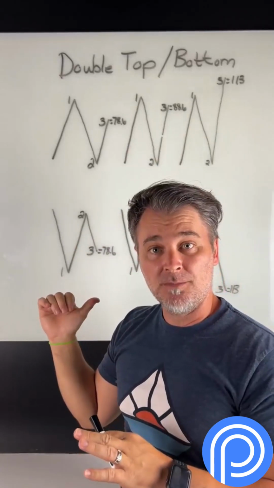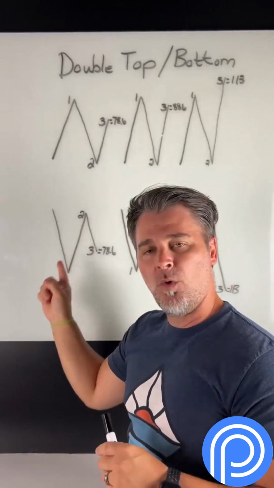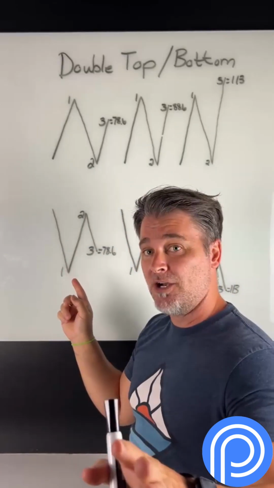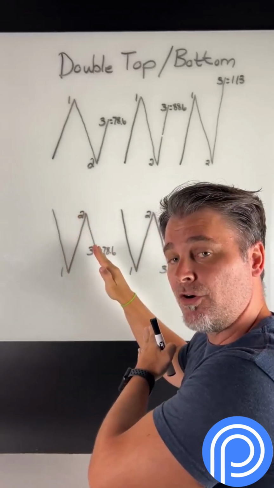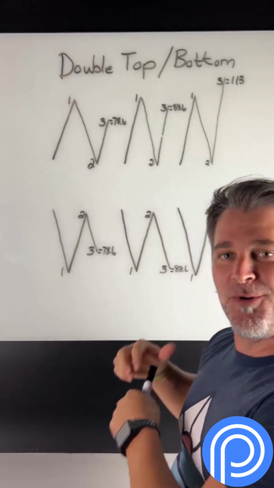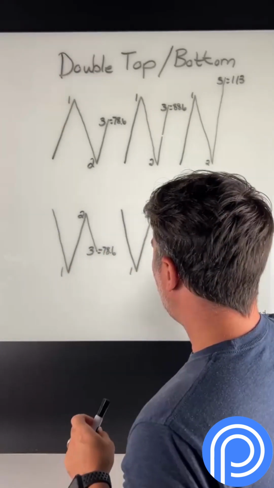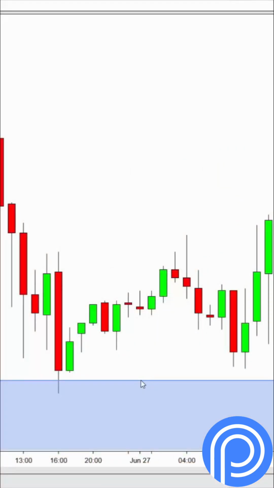Now on the double bottoms, conversely here, we need to arrive, point 1 needs to be into an area of support or demand. We need to leave said area and then return or pull back 78.6, 88.6, or the 113, okay? So we need to do that, and that's going to go ahead and validate the patterns.